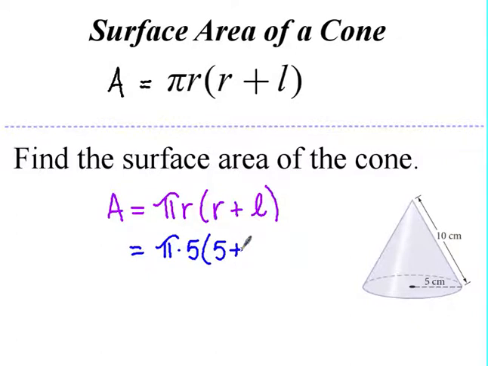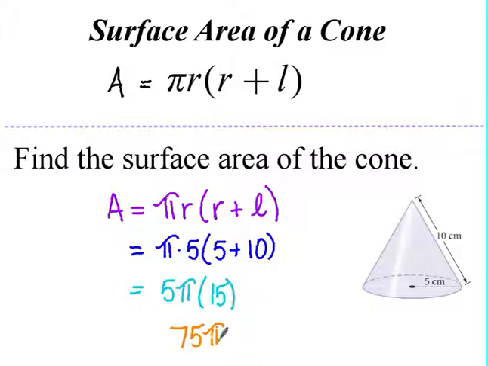What is L? 10. So here we go. 5 pi times 15. Okay, so what does that come out to be? 75. 75 pi. What will my label be? Centimeters squared.